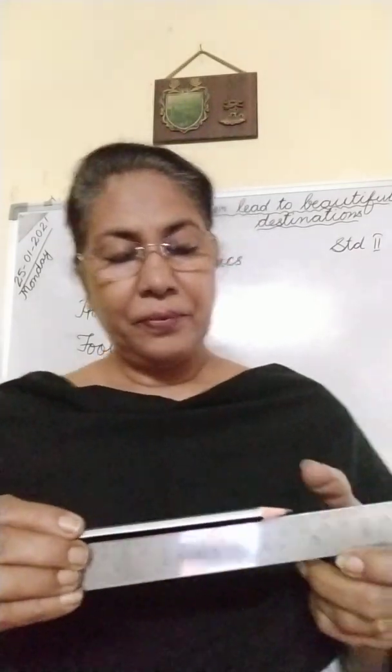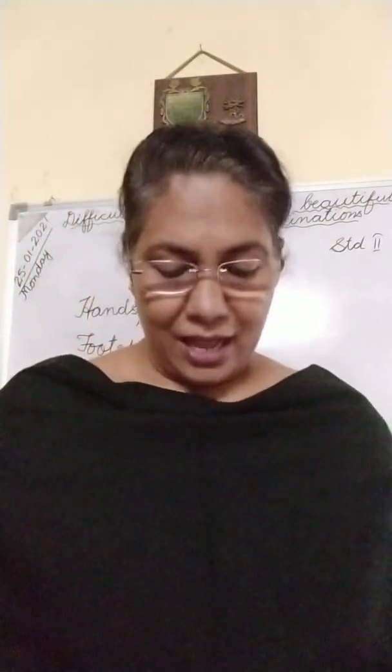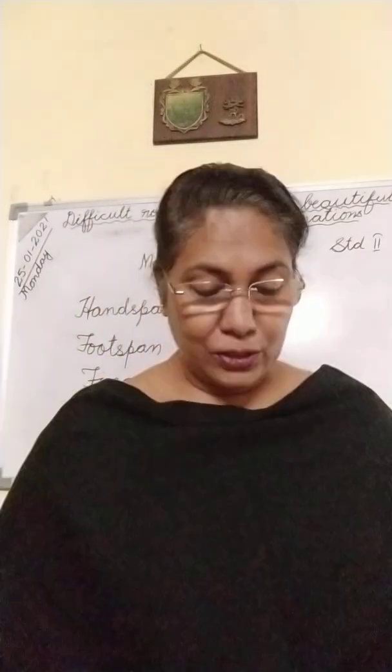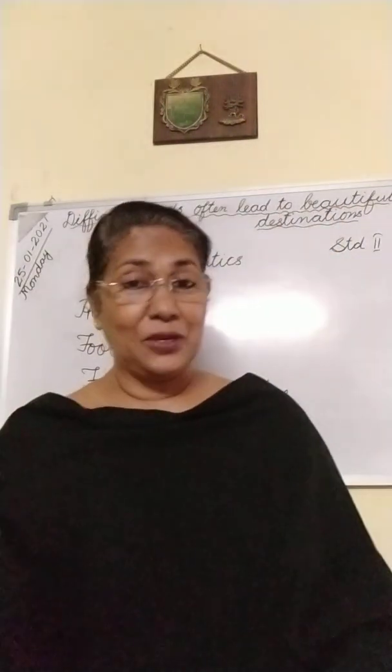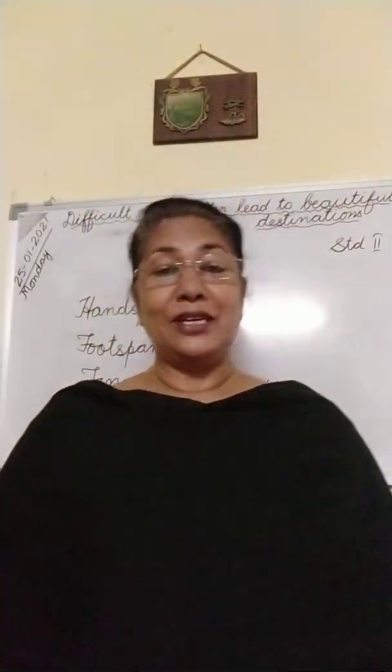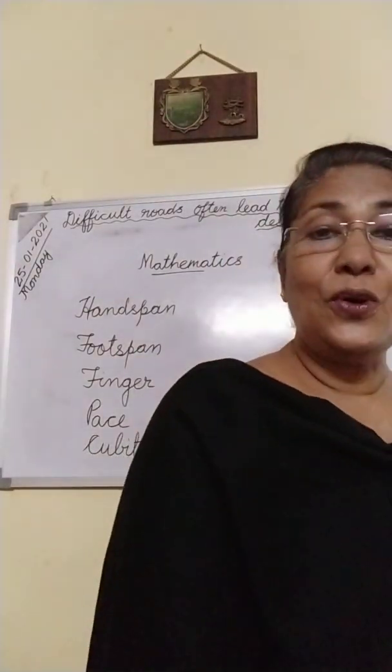Only 11 centimeters. This is how you measure. Now we will also take this duster and measure how many centimeters it is. It is 10 centimeters. This is how you measure your pencil, your book. You can also measure your table.